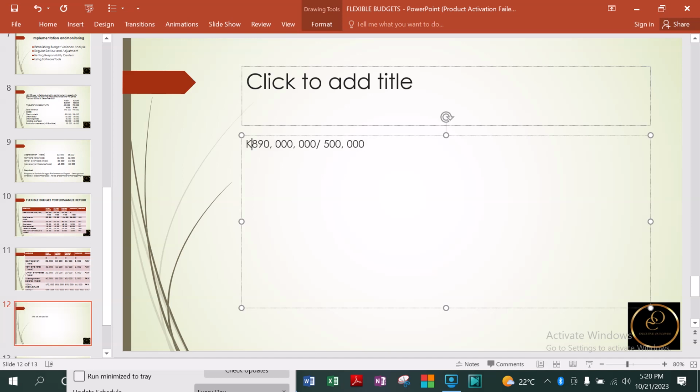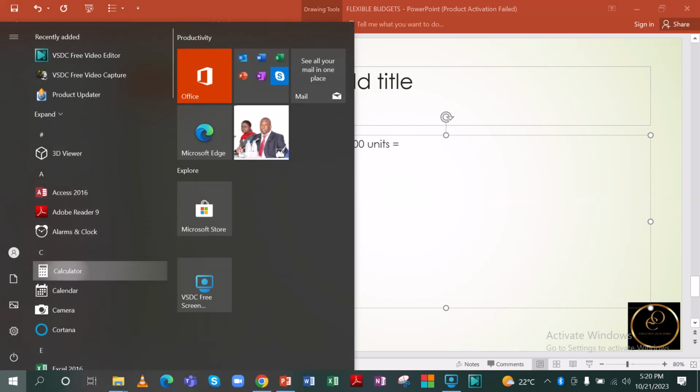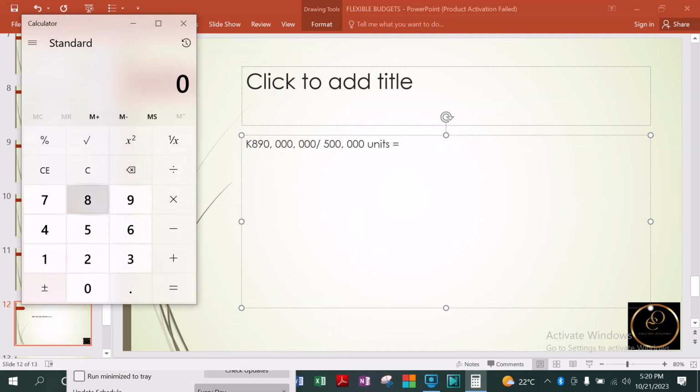890 million Zambian kwacha divided by 500,000 units. Get the calculator. You have 890,000 divided by 500. So what are you going to get? 1.78.